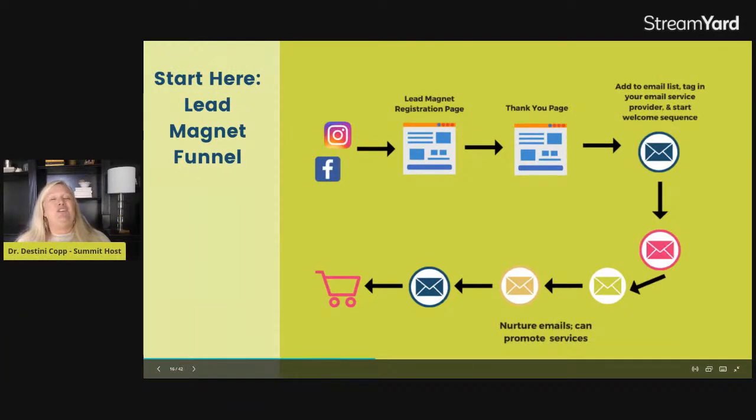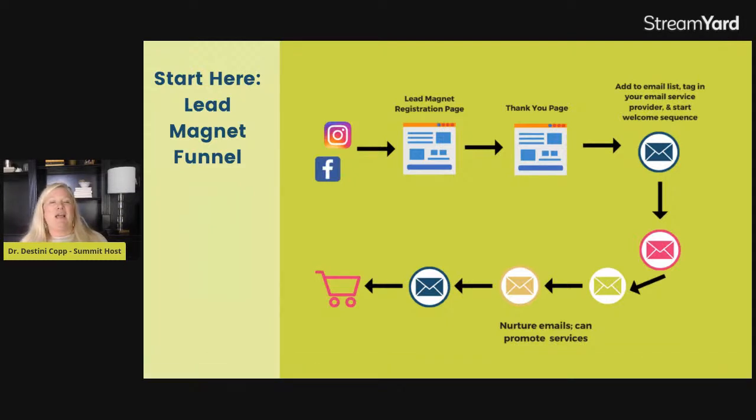Okay, so if you are just starting out and you're wondering where to start, I love all the sales funnels that you have, but they might be a little more advanced than where you are right now. So if you are just starting out, I want you to start with a simple lead magnet funnel.